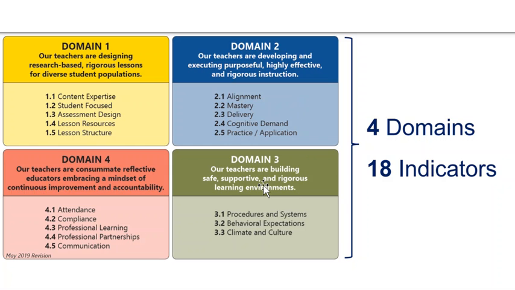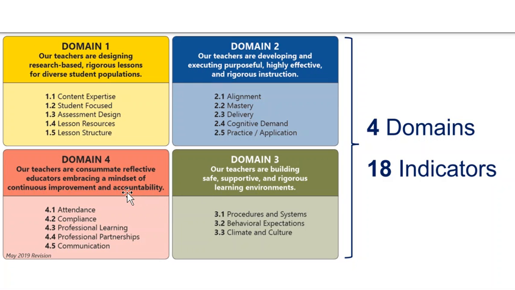Do you have efficient, organized systems? What are your behavioral expectations? If the principals see a student begin to act out in your class, they'll be looking for, how do you redirect that student back to being on task? And what's your overall climate and culture? Do students feel comfortable being in your class? Do you have an open, nice, easy environment?